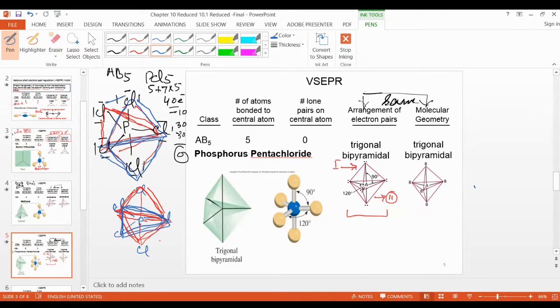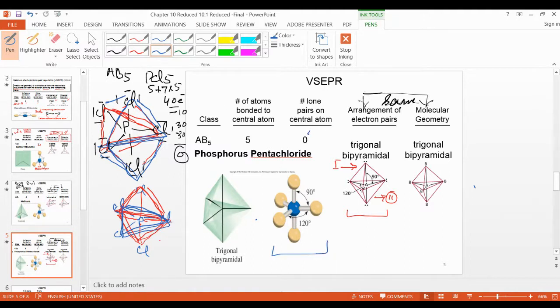Okay, good. Only the geometry. I'm just explaining here how to determine the geometry of the molecule. If you want, you can make it, no problem. But the geometry name only, not the design.